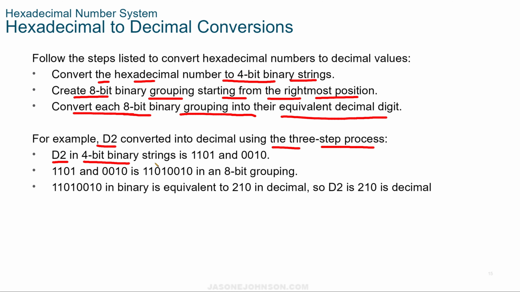D2 in 4-bit binary strings is 1101 and 0010, and that is put together as 11010010 in an 8-bit grouping. That binary number is equivalent to 210 in decimal. So D2 is equal to 210 in decimal.